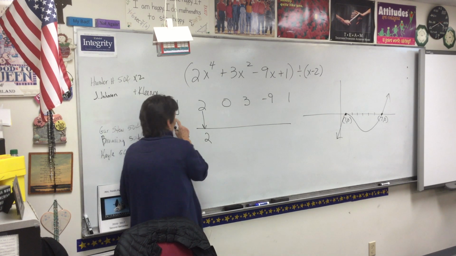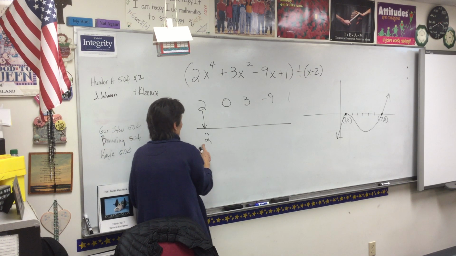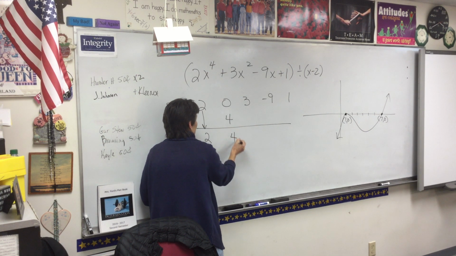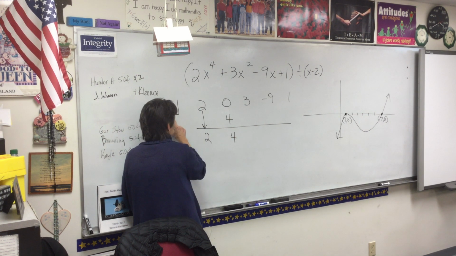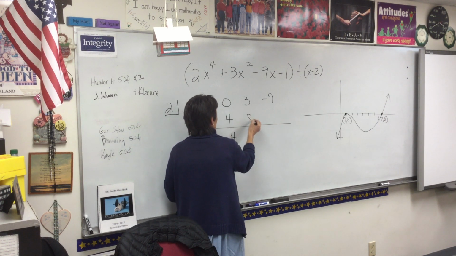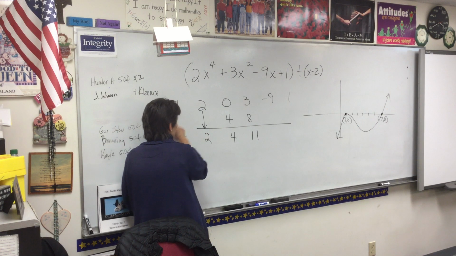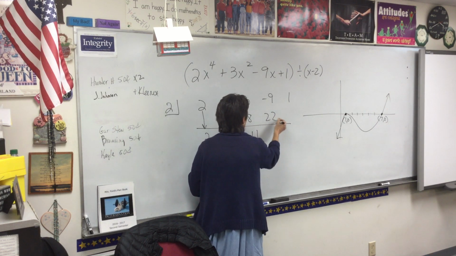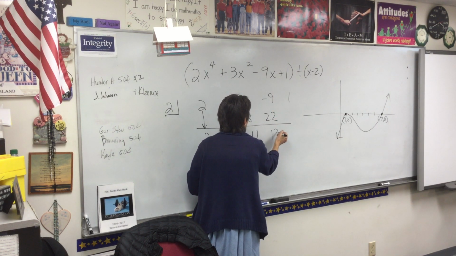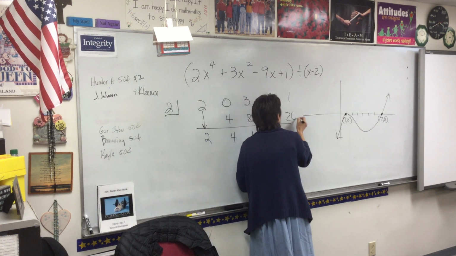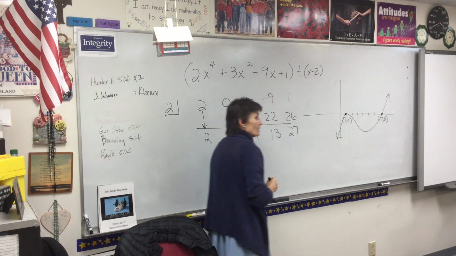So now, 2 times 2, and add. 2 times 4, add. 2 times 11, add. 2 times 13, add.